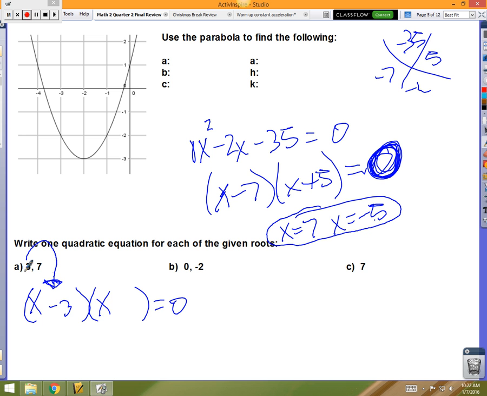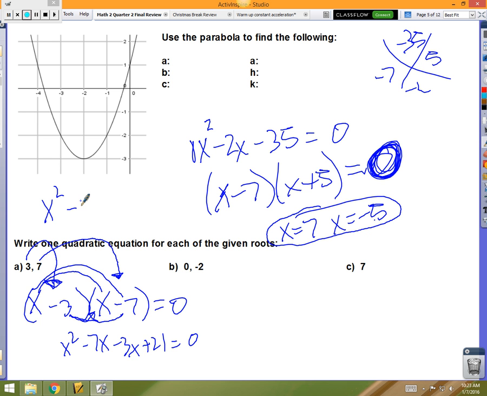Because if I put 3 in for x, 3 subtract 3 is 0. 7 is going to make this group a 0, so it's got to be x minus 7. Now I'm just going to distribute: x times x is x squared, x times a minus 7 is minus 7x, a minus 3 times x is minus 3x, and a minus 3 times a minus 7 is a plus 21. So it's x squared minus 10x plus 21 equals 0.